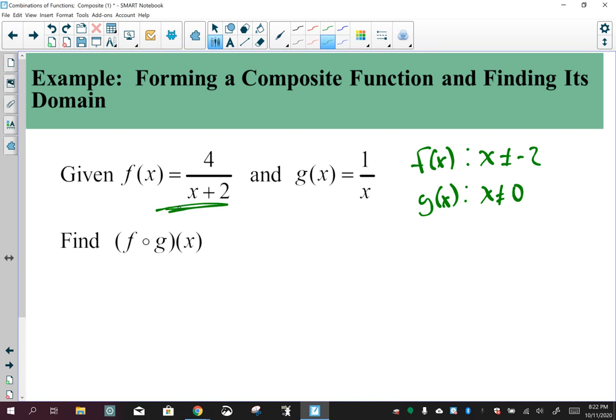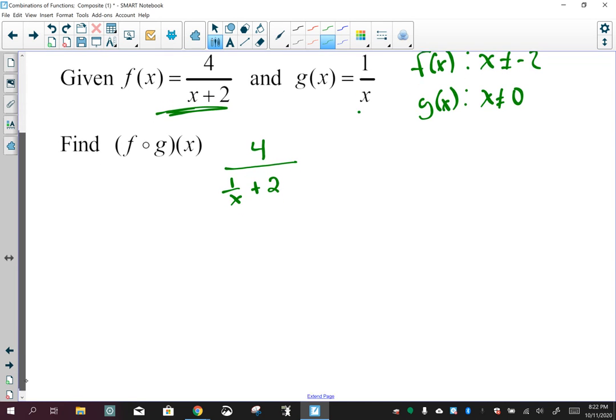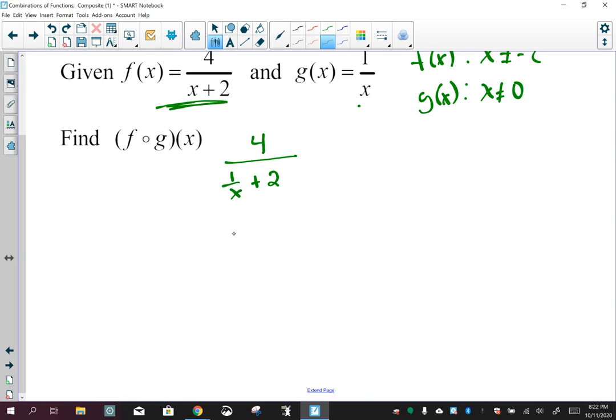So I've got f of g of x, my focus is this one, and this is my substitution piece. So we have 4 over 1 over x plus 2. This is going to be a little bit of algebra here. So I've got 4 over 1 over x plus 2 over 1. We're going to do an upside down picnic table on the bottom, so I'm going to leave the top alone.